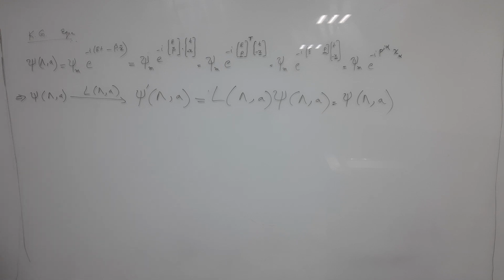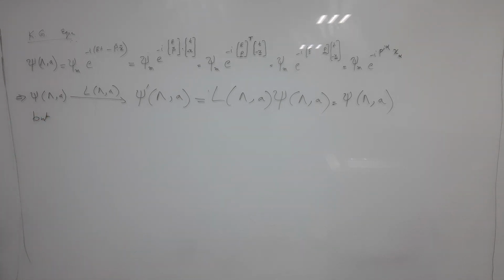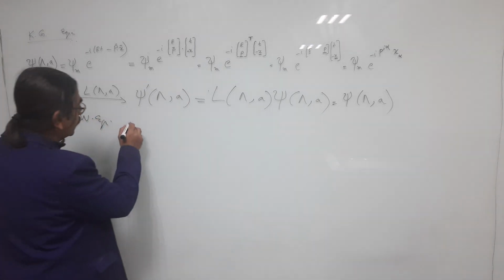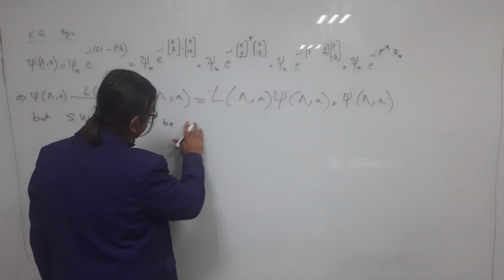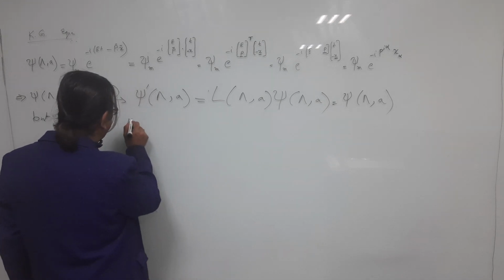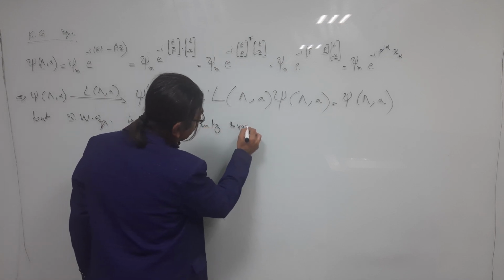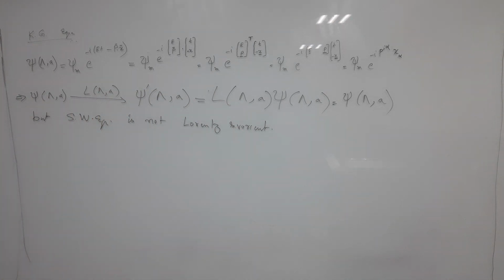But the Schrodinger wave equation can't be written in covariant form. The Schrodinger wave equation, which we have already discussed, is not Lorentz invariant, because it can't be written in the form of a Lorentz scalar.